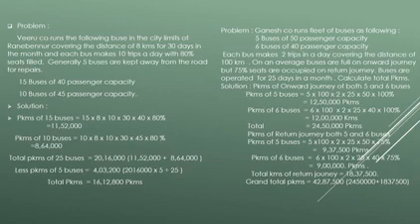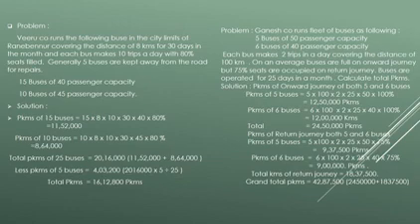So passenger kilometers of 5 buses is equal to number of buses 5 into distance 100 into trips 2 into days 25 into capacity 50 into percentage carried 75% is equal to 9,37,500 passenger kilometers. So 9,37,500 passenger kilometers are of 5 buses for return journey.